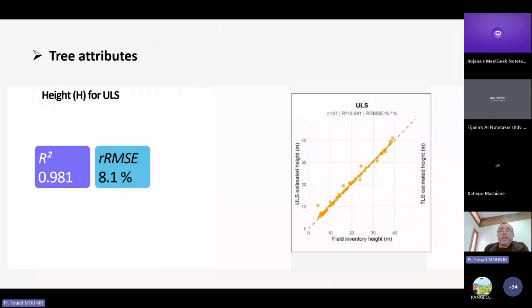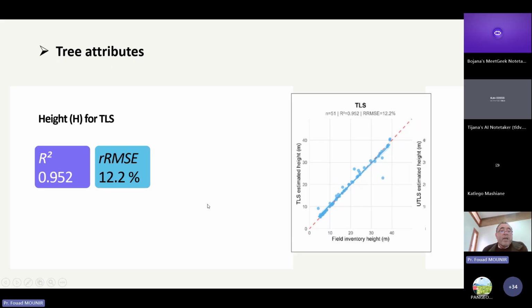And we can see here in this graph that the height accuracy using only ULS was very high. In the graph you can see that we have the field inventory measurement and the ULS estimated height, and the relationship between them is very high, giving us an R-squared of about 0.98.